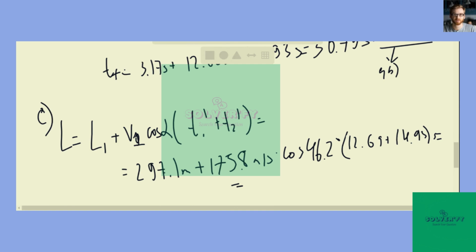Okay, now let's complete this calculation. It equals 3,658 meters. So this is the solution of this problem.